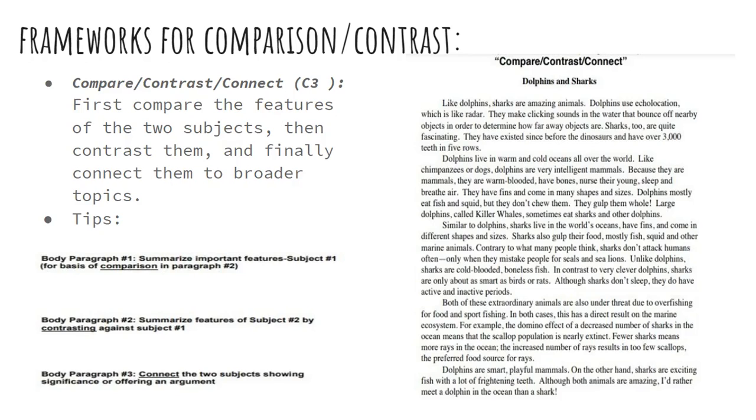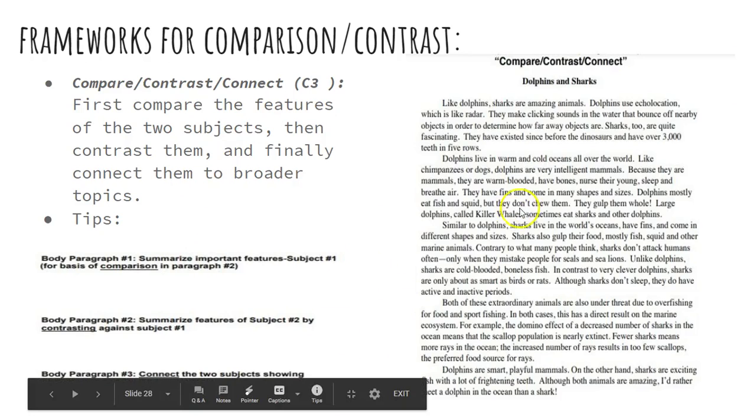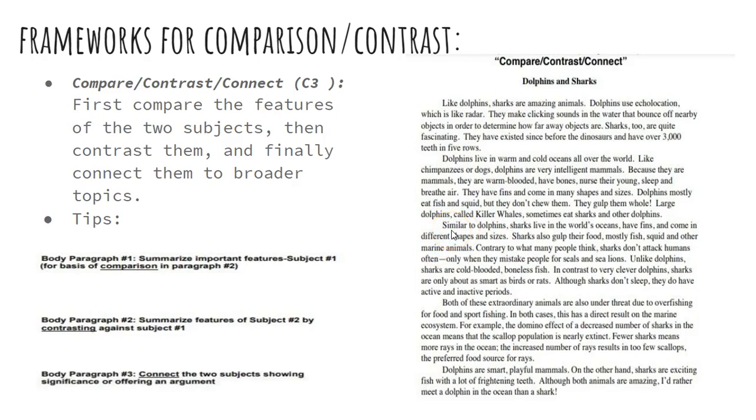So take some time, read over the example, and look, you guys can use some of the transition words. You see that they're talking about similar. Okay, so that lets you know that this paragraph is about to contrast or compare what was said in the previous paragraph.